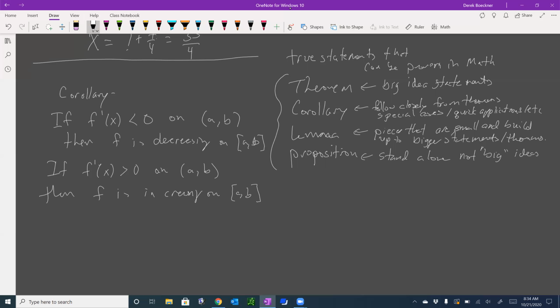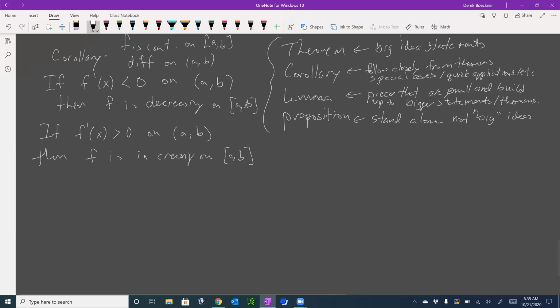Let's make the additional hypothesis: f is continuous on [a, b] and differentiable on (a, b). Those are our initial hypotheses for the mean value theorem. As long as those hold, then if f prime is less than 0 on that interior, then f is decreasing on the entire thing. If f prime is bigger than 0, then f is increasing on the entire thing. Okay, why would that be true?